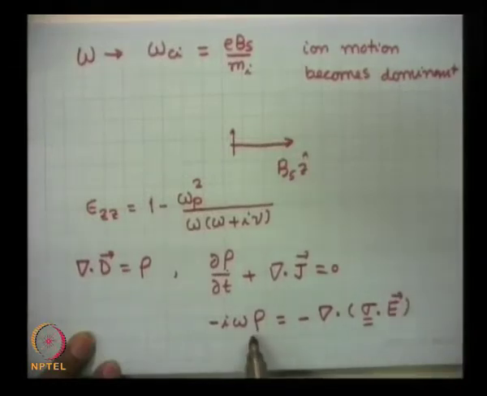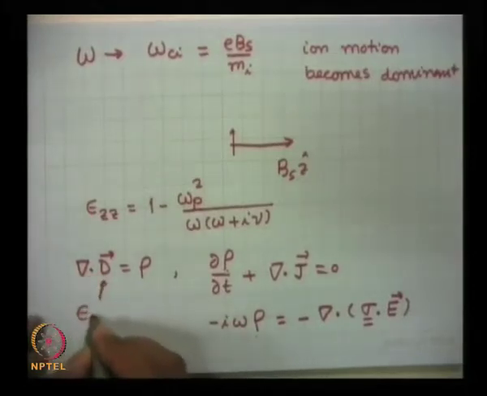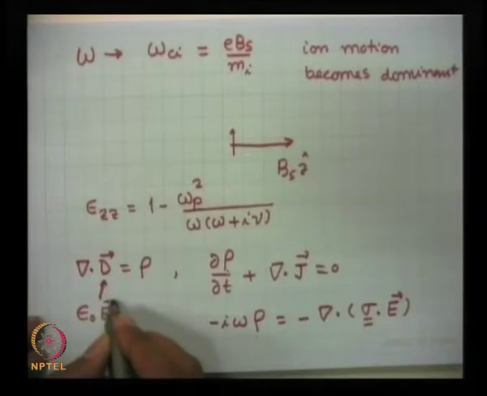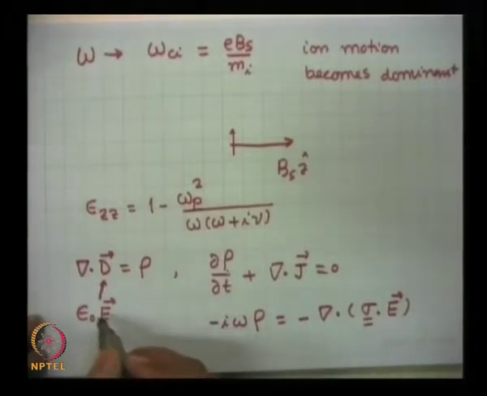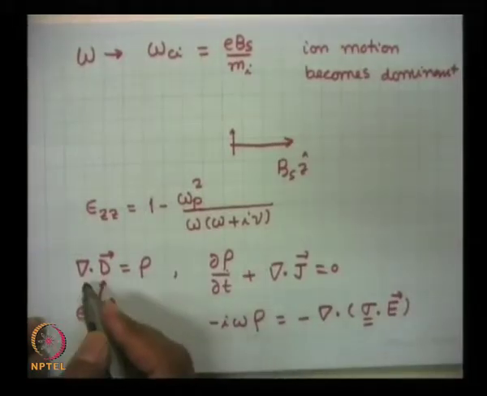So, if I substitute the value of rho in this equation, and D is simply epsilon 0 into E in a plasma, you can combine these two terms, because rho is in terms of divergence of some quantities, by bringing this back to the left hand side.